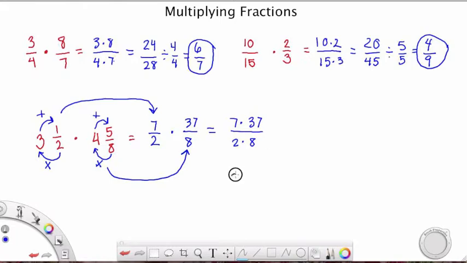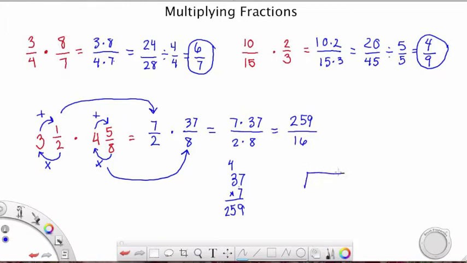Actually, I'll go down here, and 37 times 7, what do we get? 7 times 7 is 49, carry the 4. 7 times 3 is 21, 21 plus 4 is 25. So I get 259 in the numerator, and then 2 times 8 is going to be 16.